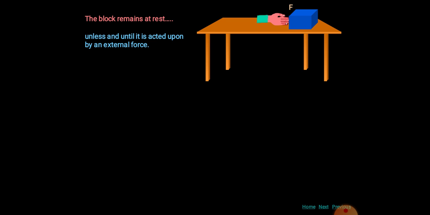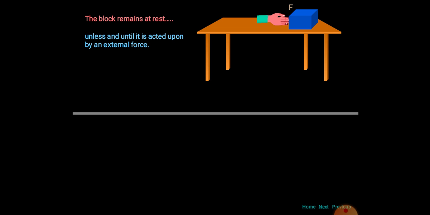But if you apply an external force, the block starts moving in uniform motion in a straight line. When you apply an external force, the block changes its position. So the statement of Newton's first law is the same, as we have already studied.